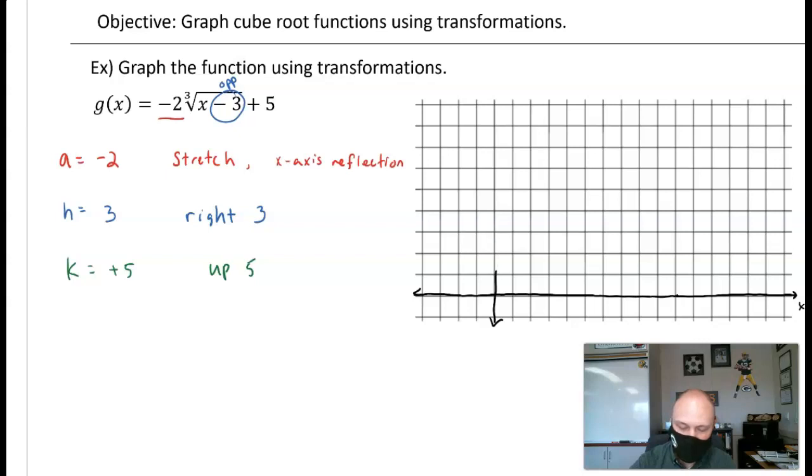I'm going to erase this again. Let me place my y-axis here. Okay. So right 3. So 1, 2, 3, up 5. 1, 2, 3, 4, 5. Okay, so here's my anchor point.